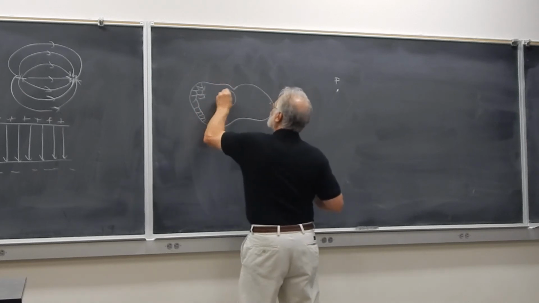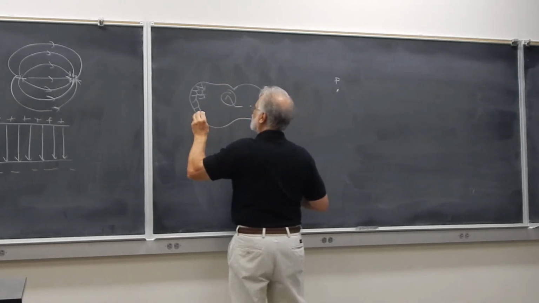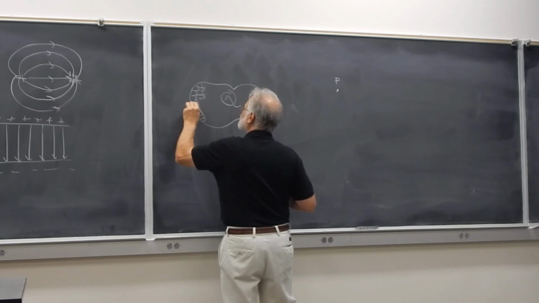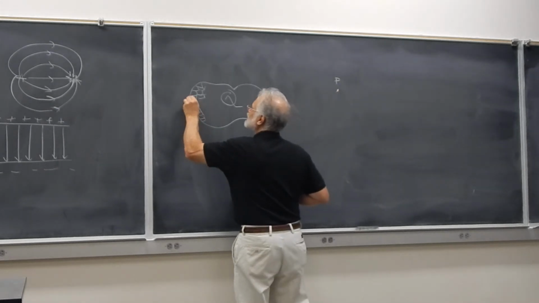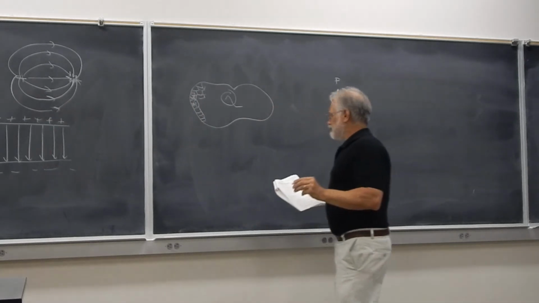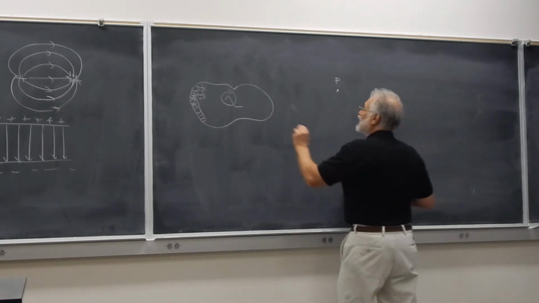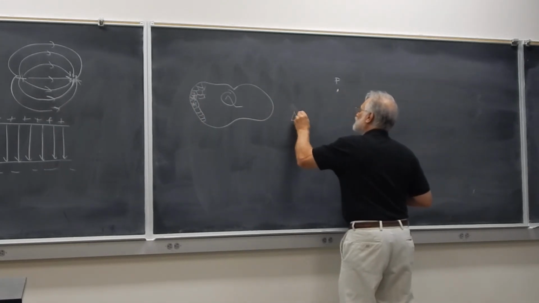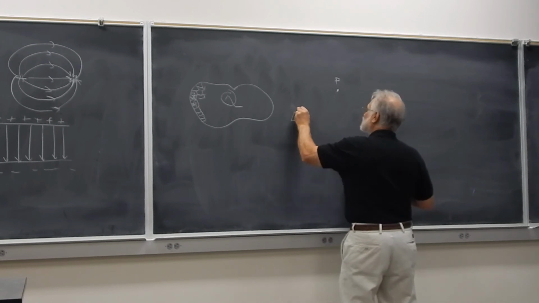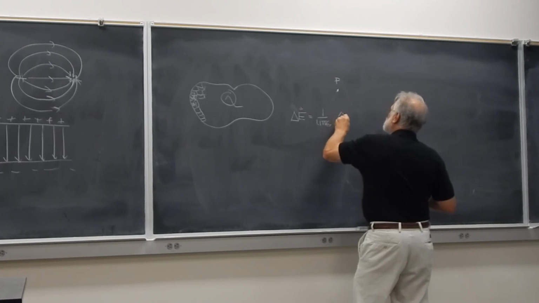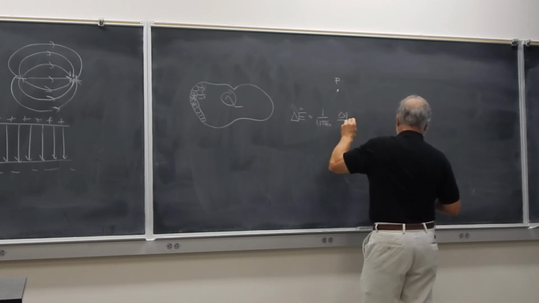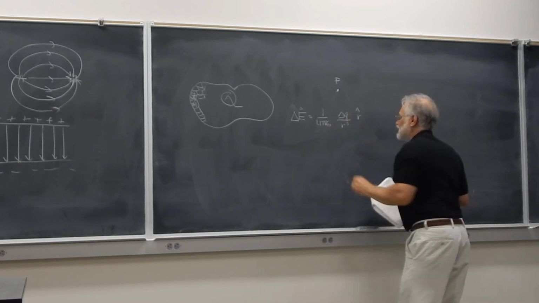Suppose that the total charge of this guy is big Q. I can break this into little q's, or maybe we'll call these delta Q's. That might be better, delta Q, delta Q. And it would be fair to say the electric field due to one of those little pieces, I'll call that delta E, would be 1 over 4 pi epsilon naught delta Q over r squared, in the r direction.